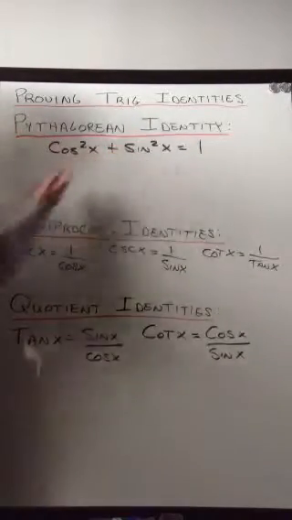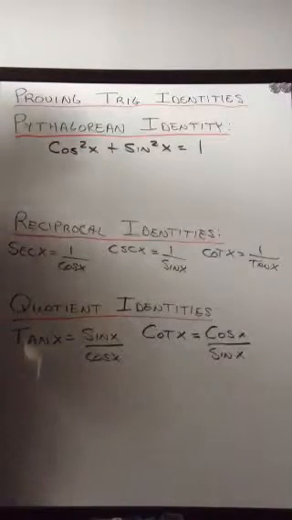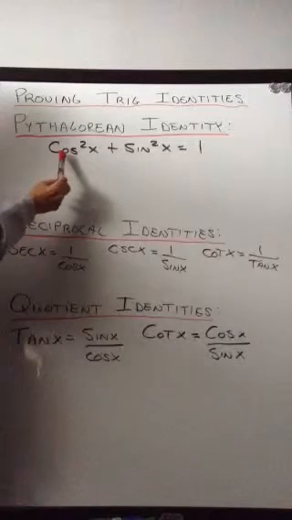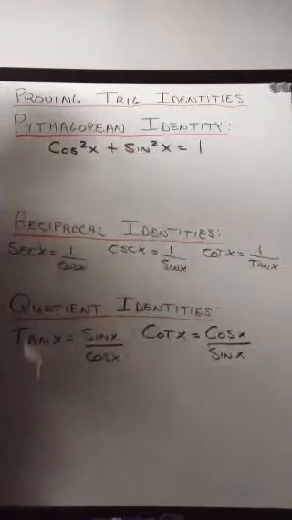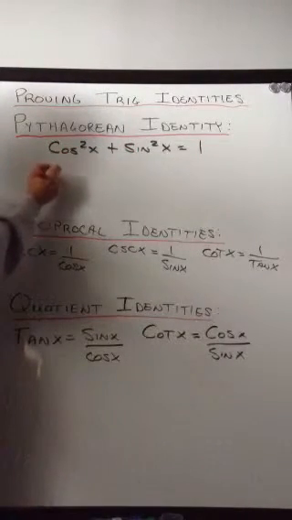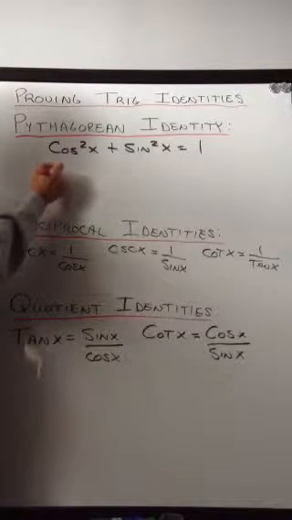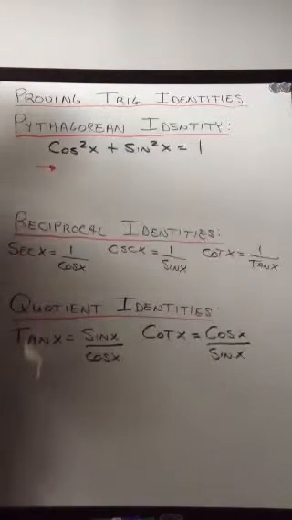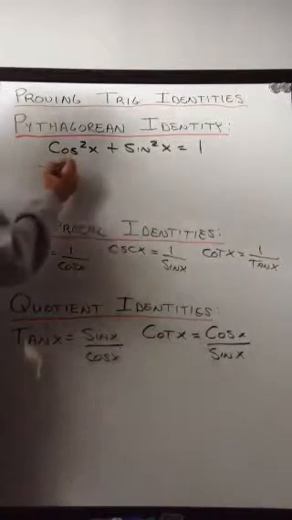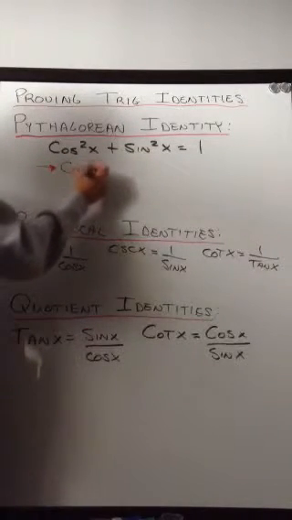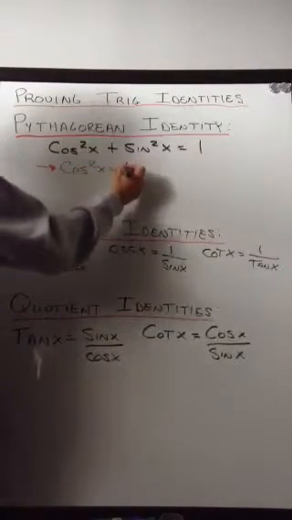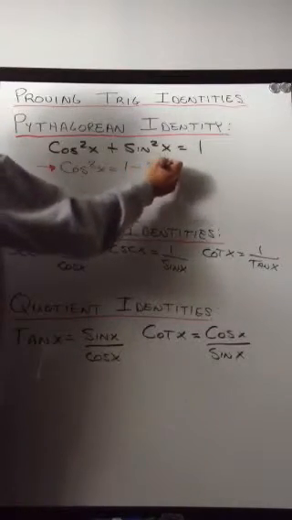Knowing this, so it looks like an equation, it allows us to isolate either cos squared x or sine squared x. So we use our tools from math where you move something to the other side, you change its sign. So if I simply want to know what cos squared x is, move the sine squared to the other side and it becomes a minus.